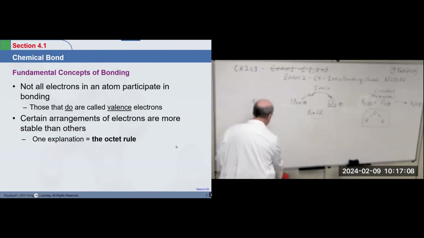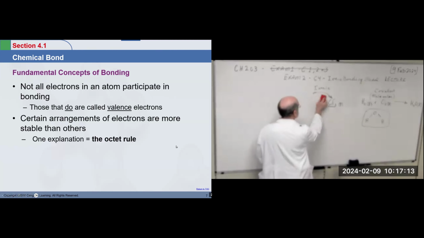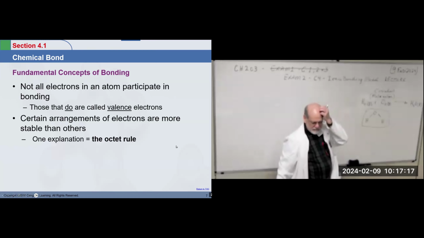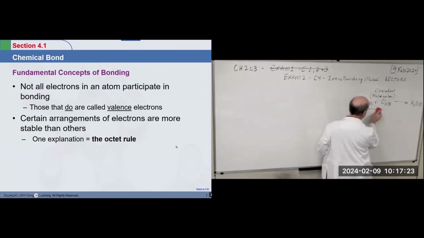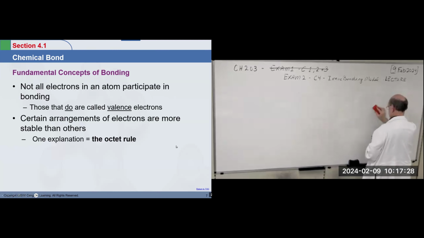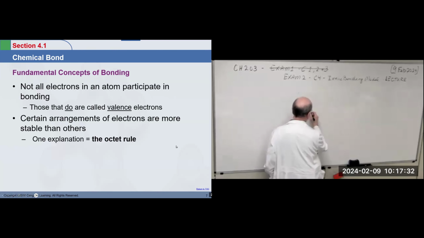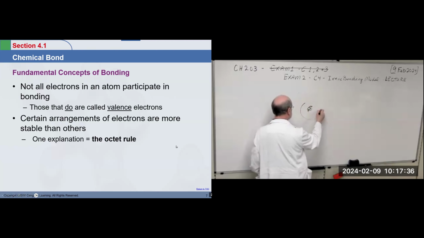What we also have learned is that all the electrons that surround an atom do not participate in the bond. So you got your nucleus here with its protons and neutrons, and then you got your electrons out here.